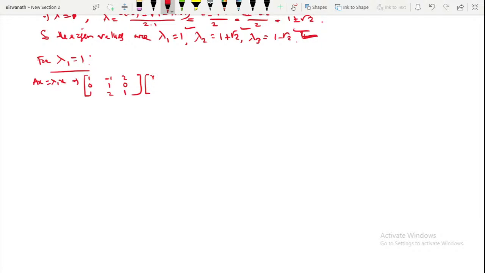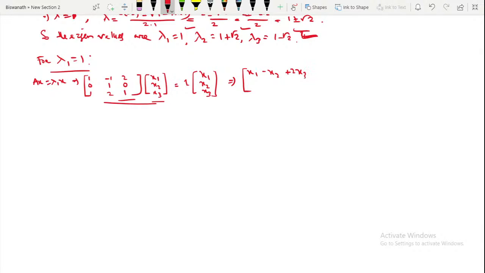Then your X matrix is the column matrix x1, x2, x3. Since it is a 3 cross 3 matrix, there will be 3 variables x1, x2, x3. And what is your lambda 1? Lambda 1 is 1 and your x is x1, x2, x3. Then multiply this A matrix with X matrix, so this will be x1 minus x2 plus 2x3.